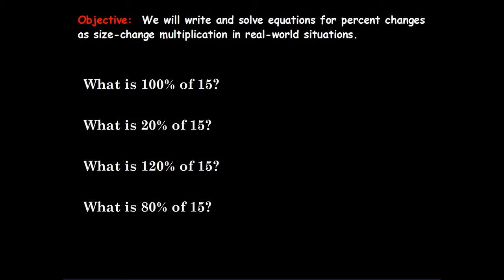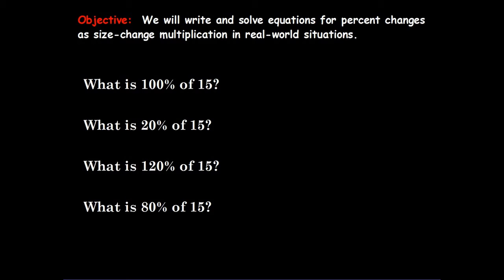And remember, we talked about size change multiplication. We have that particular equation, how we set it up, because this type of multiplication is telling us how much larger or how much smaller the original number will be at the end. So these are essentially your warm-up.